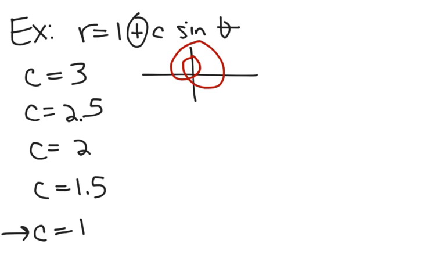You have a dimple. So the ones with the loops inside, those are your limacons. The ones with the little dimples, those are your cardioids. And that was section 8.2.